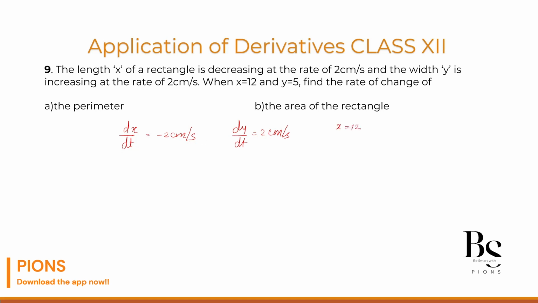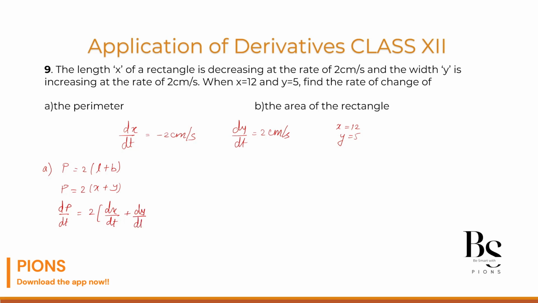When the length is 12 and the breadth is 5, find the rate of change of perimeter. So let me solve here. Perimeter is nothing but 2 times (L plus B), right? This is our formula for a rectangle. And what is the length here? x, and breadth here? y. This is B. So let's find the rate of change, dP by dt. Derivative of x, dx by dt.